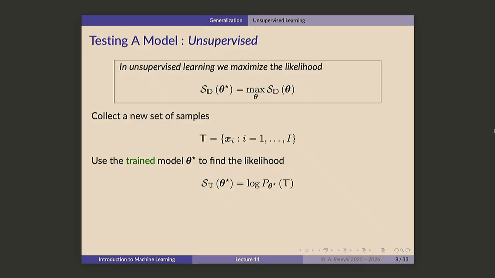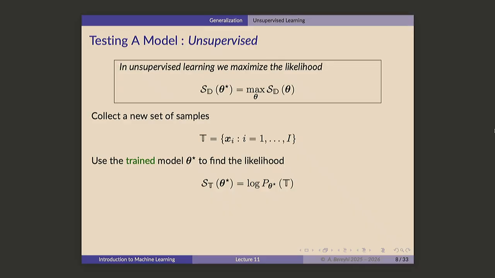Now, one question: if I had computed S_T at a general point theta, and I try to maximize it, is it necessarily again theta star? Think about it. When I was doing the training, I just computed the log likelihood on my training data set D, and then I tried to maximize that in terms of theta.